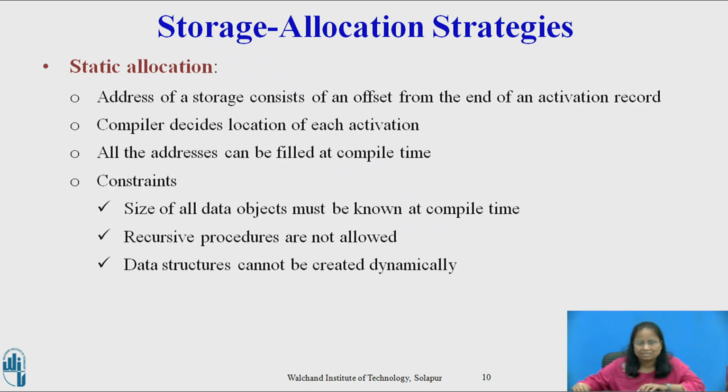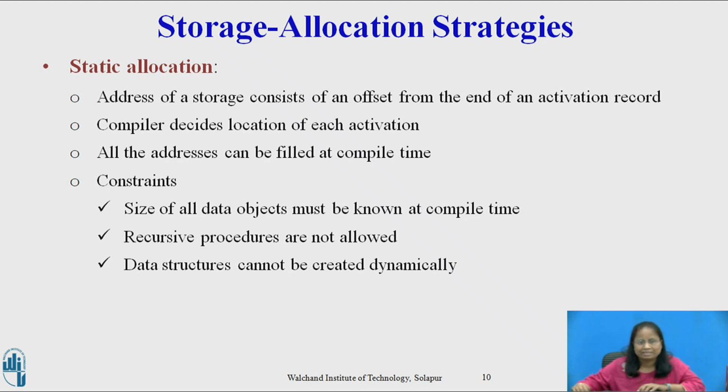From the type of a name, the compiler determines the amount of storage to set aside for that name. The address of a storage consists of an offset from the end of the activation record for the procedure. The compiler must decide where the activation records go relative to the target code and to one another. Once this decision is made, the position of each activation record, and hence of the storage for each item in the record, is fixed.